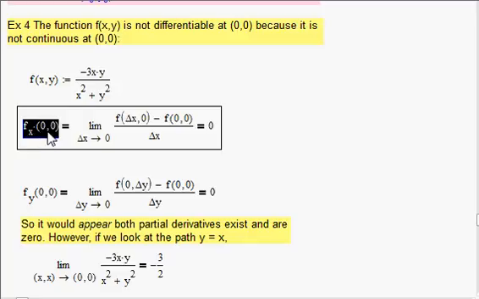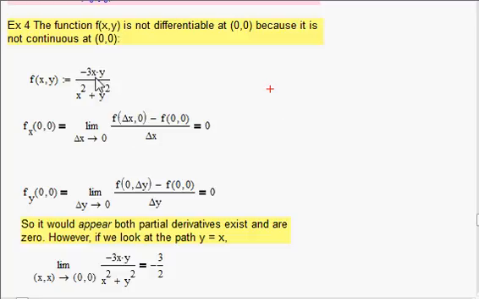If we take the partial with respect to x and take the time to work this out, well, of course this is at the point 0, 0, so f of delta x, 0 minus f of 0, 0 over delta x, we would get 0.